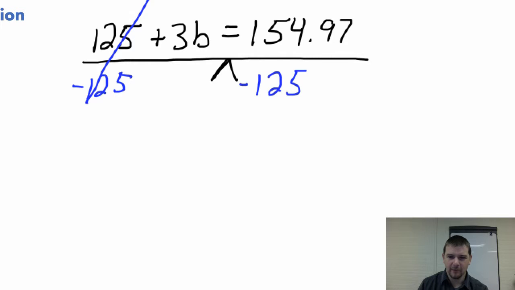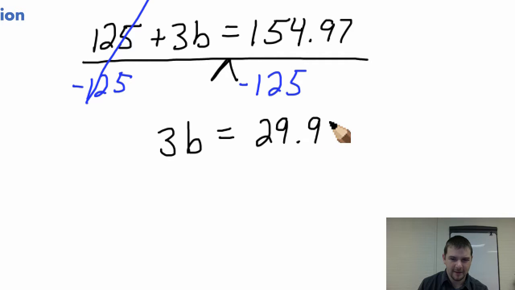And what we have remaining on the left-hand side of this equal sign is 3b, and that's equivalent to 154.97 minus 125. I think that's going to be 29.97. I did that in my head pretty quickly, so I want to double check that by addition.